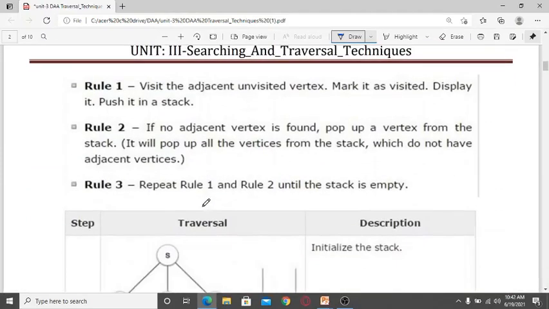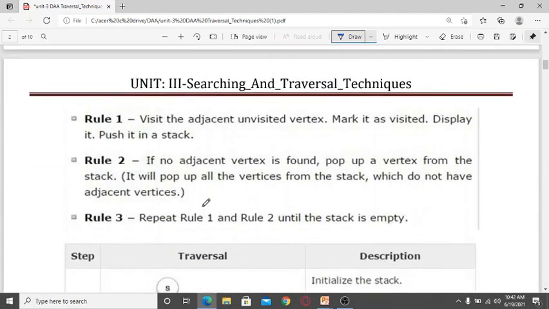Before going to solve that, there are some rules. Rule number 1, visit the adjacent unvisited vertex. Mark it as visited, display it, and push it in the stack.